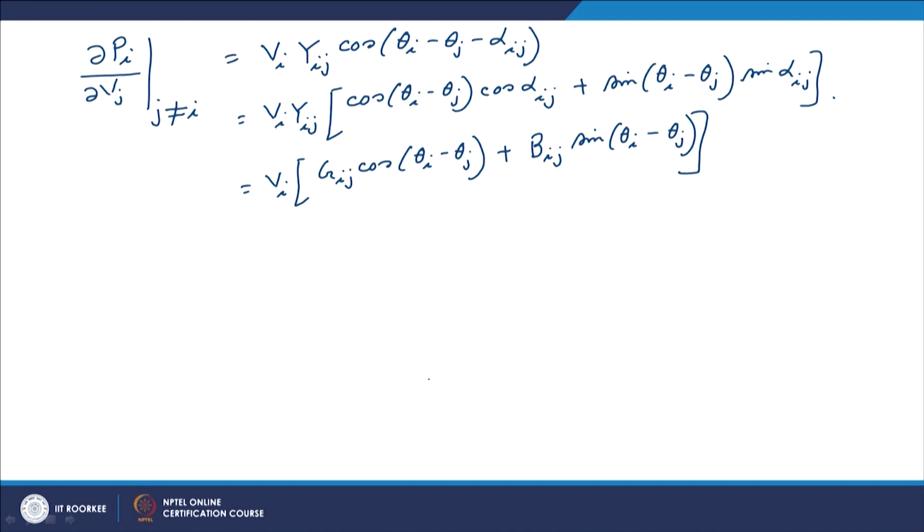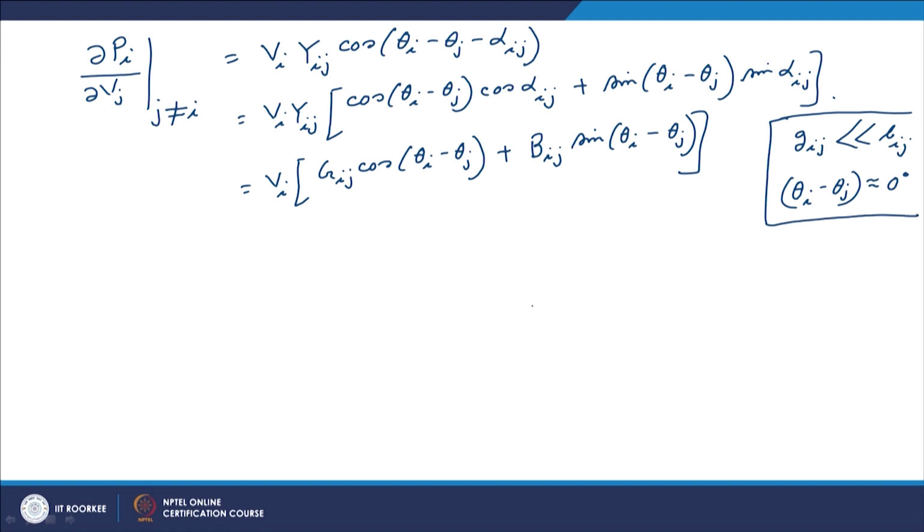Now, we apply these simplifying assumptions. We apply two assumptions. One is that Gij is much less than Bij, and another is that theta i minus theta j is approximately equal to 0.